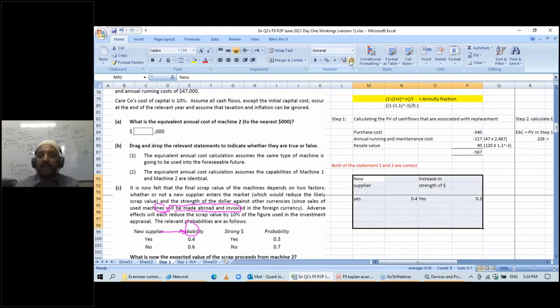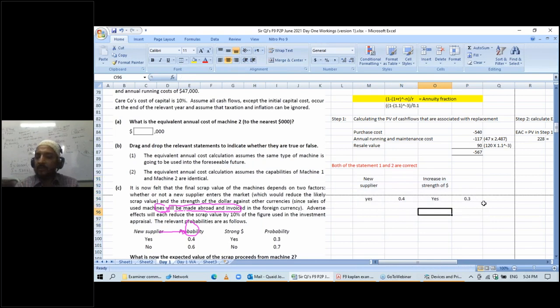So one of the probabilities is that both of the things change. The new supplier also enters the market, and the dollar value also changes. So in this case, 120,000 multiplied by 80% will be the resale value.